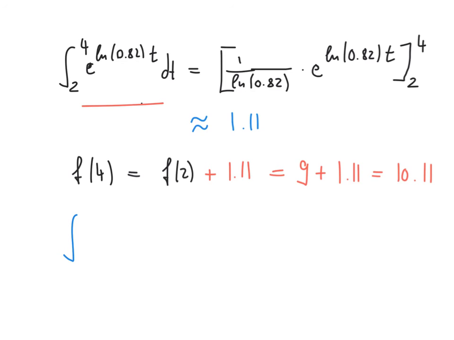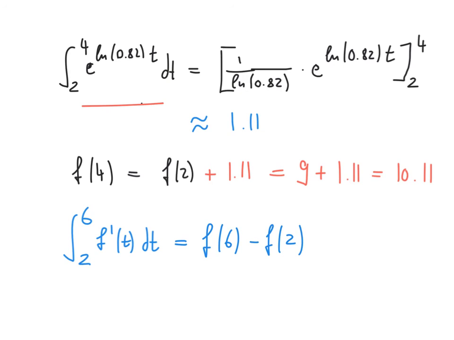The definite integral from 2 to 6 of our original function f prime of t dt, which is just this function up here, is equal to f of 6 minus f of 2, because we know f of 2 already. So that allows us to rewrite the whole thing as f of 6 is equal to f of 2 plus this integral from 2 to 6.